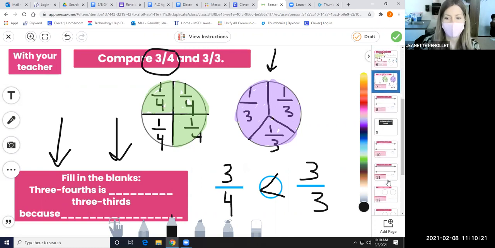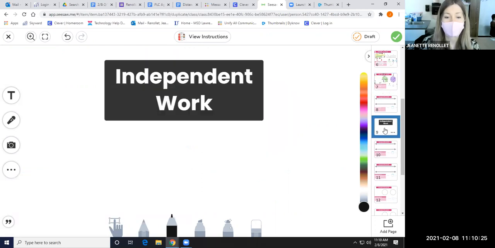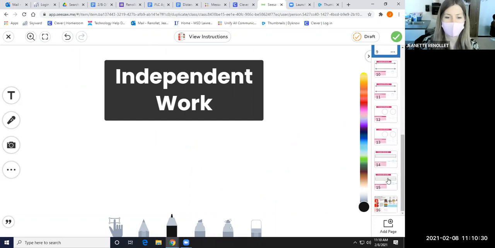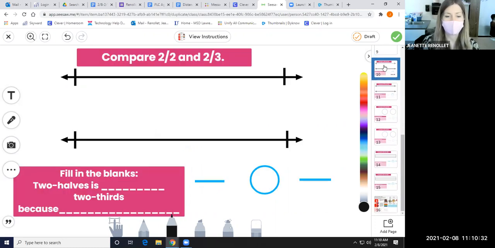Let's talk about your independent task. Slide number 9 begins your independent work. You have 6 examples where you are partitioning, shading, comparing, and filling in the blanks.